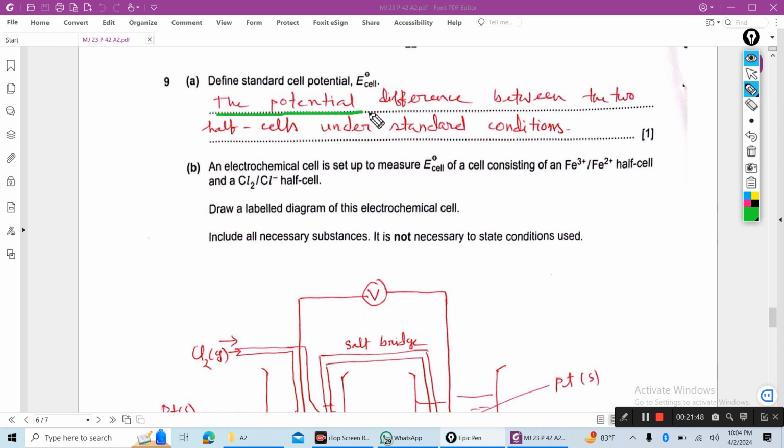The potential difference between the two half cells under standard conditions. This is define the term standard cell potential. The potential difference between the two half cells under standard conditions is known as standard cell potential.